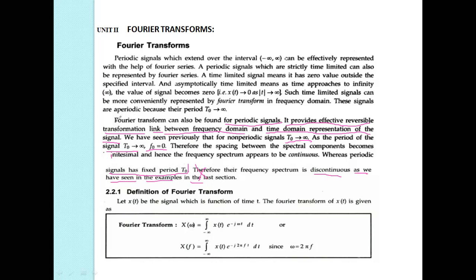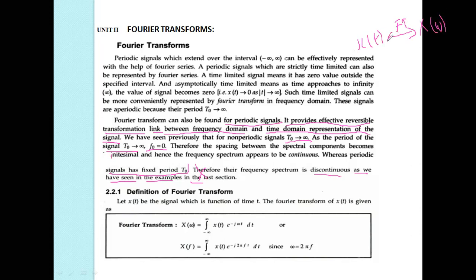Once again, I have to explain here, the Fourier transform can also be found for aperiodic signals. It provides an effective reversible transformation link between frequency domain and time domain representation of the signal. Means, take x of t, apply the Fourier transformation, and get x of omega.